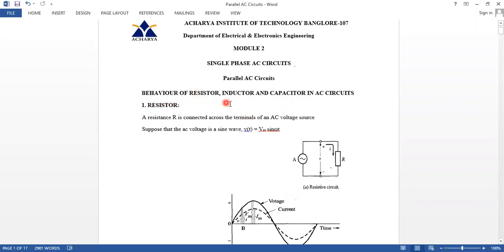Before we continue, let me recall how each component behaves when it is connected across an AC voltage source.